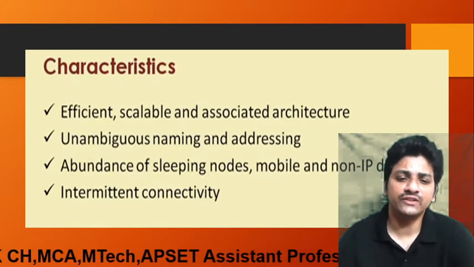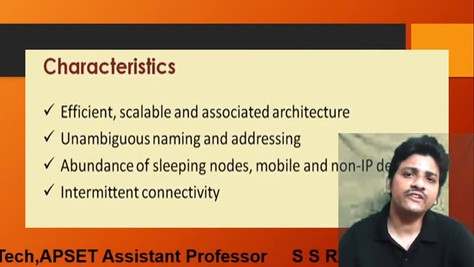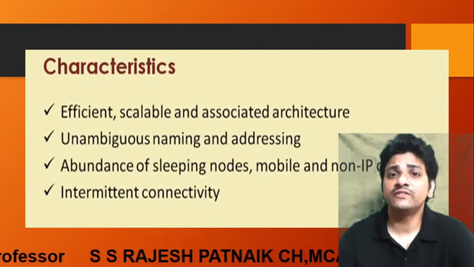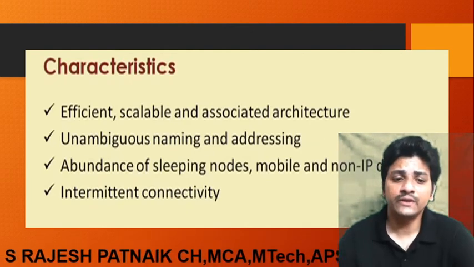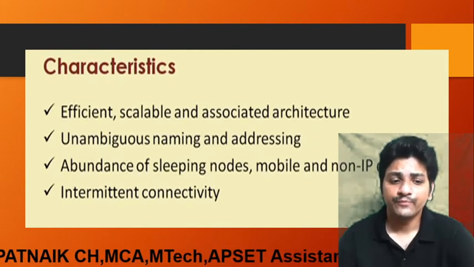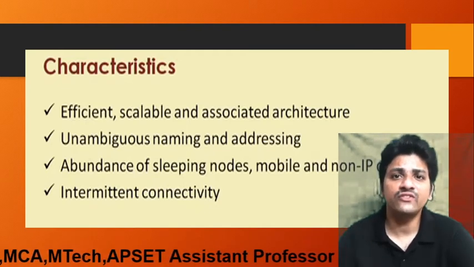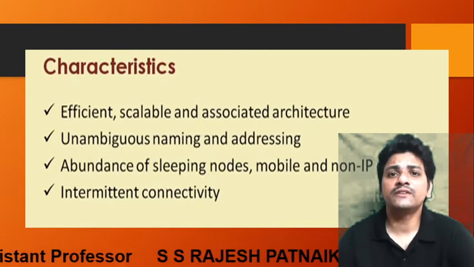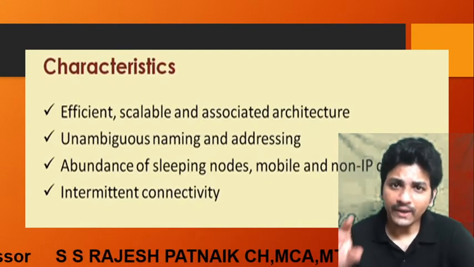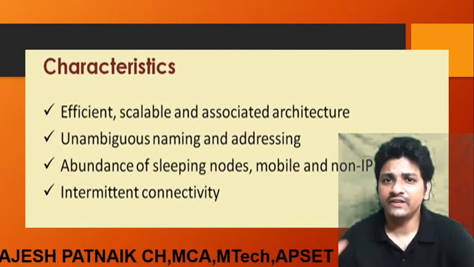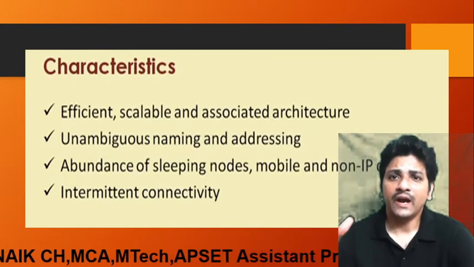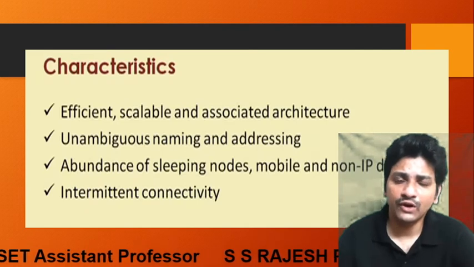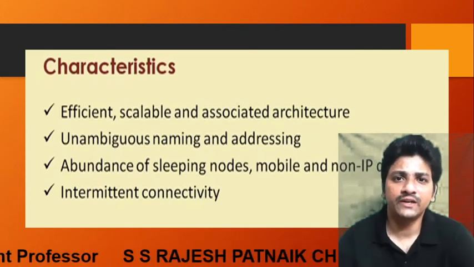So the characteristic we follow for IoT devices is that there must be no ambiguity in naming and addressing. That means every individual node has a proper IP address and a proper configuration to identify that particular device.